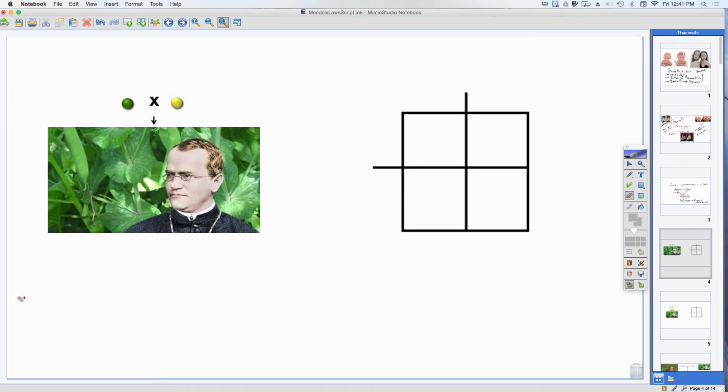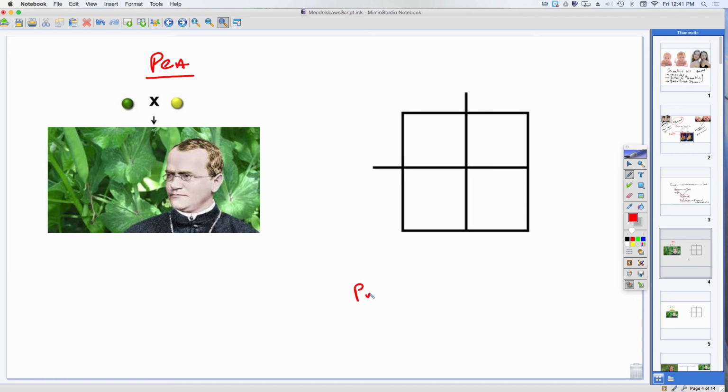And that garden had a huge record of plants that were grown throughout history. And one of the plants that they grew a lot of in this monastery were pea plants. And so Mendel got into studying peas because he noticed that peas had a lot of variation.